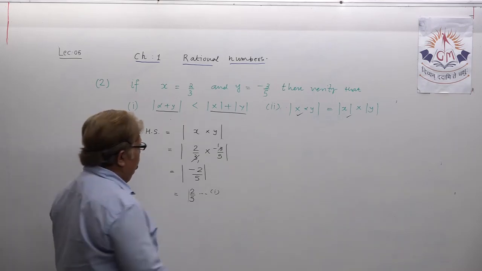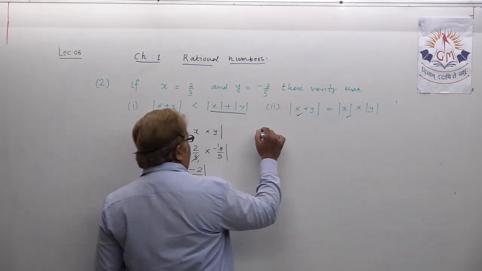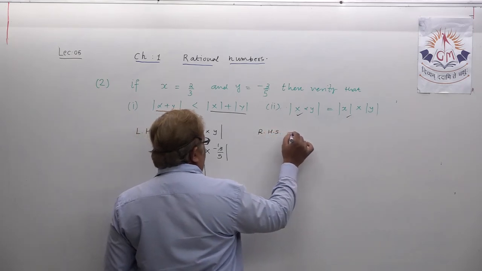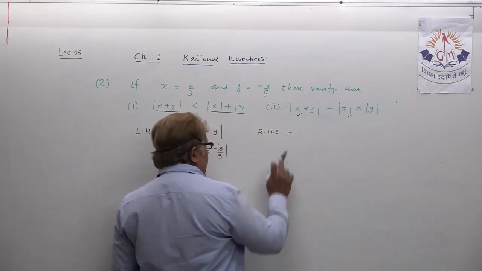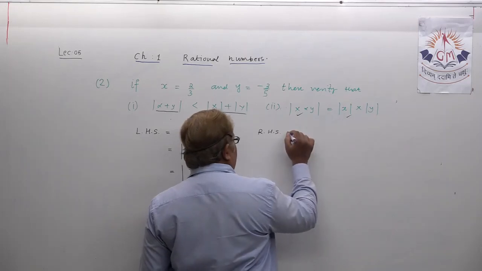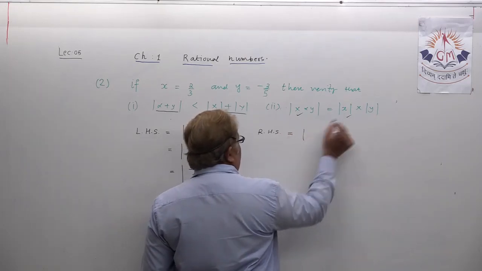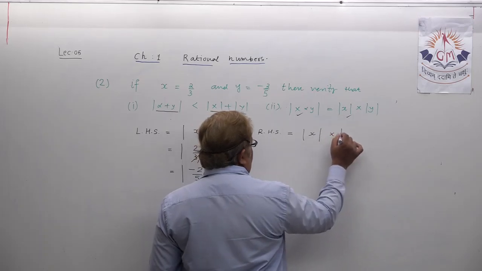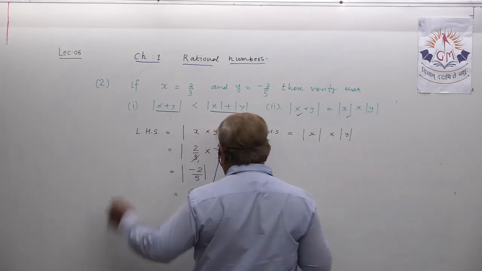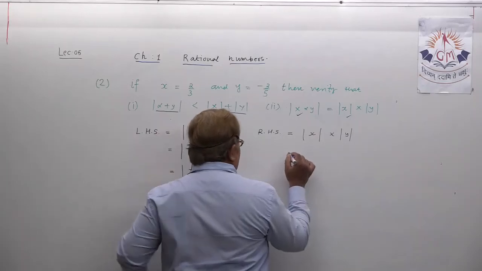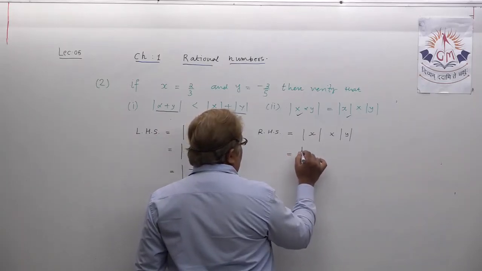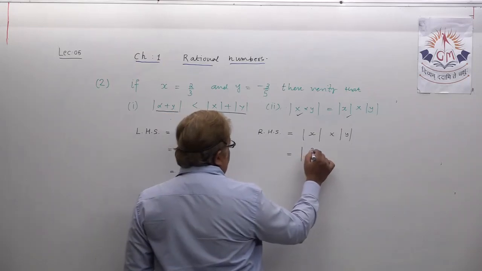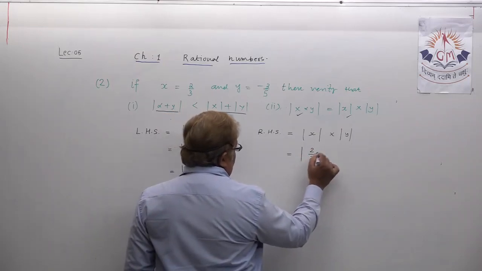Let us try to obtain result number 2. This way you have to move. Result number 2, RHS equal to modulus x into modulus y. Let us take the values. What is the value of x? 2 upon 3.